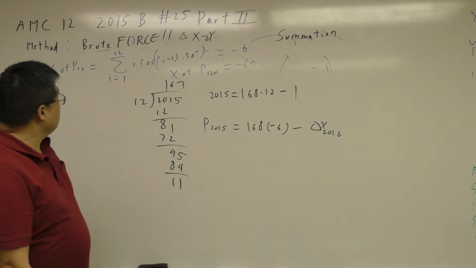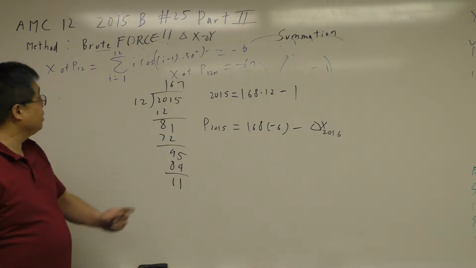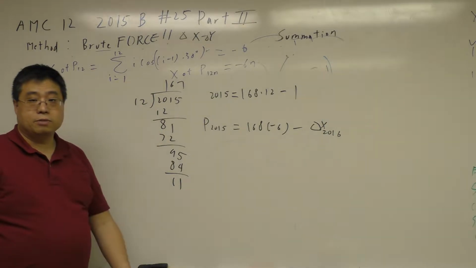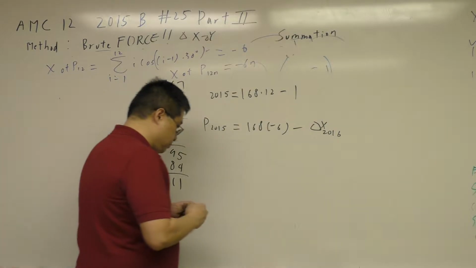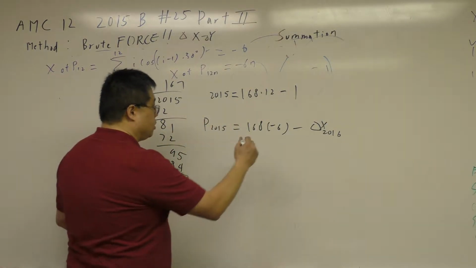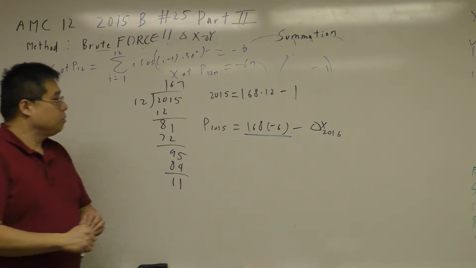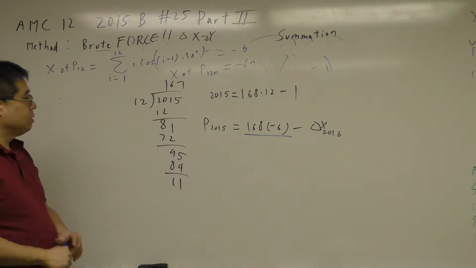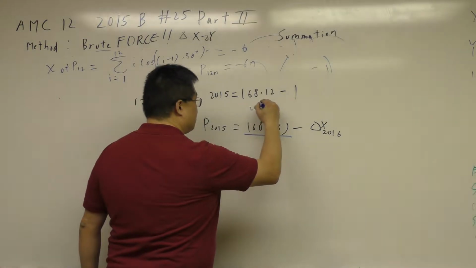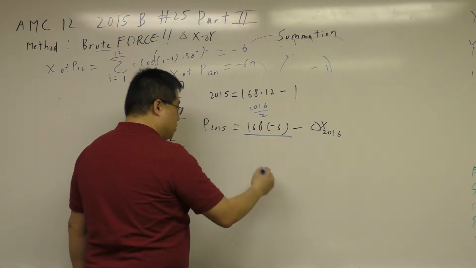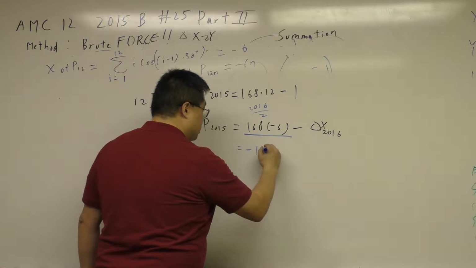We can easily figure out what the 2016's change will be, going back to our equation that we had before. First, this portion. We kind of already know what that is. That's going to be 2016 divided by 2, so this will be minus 1008.